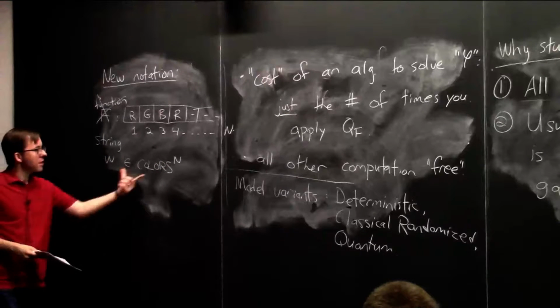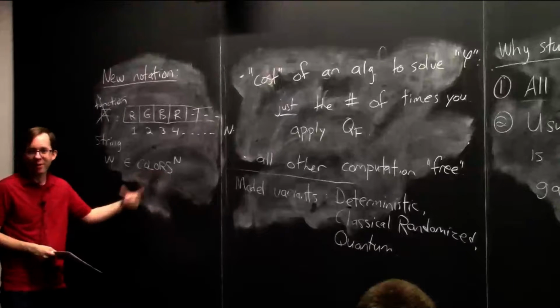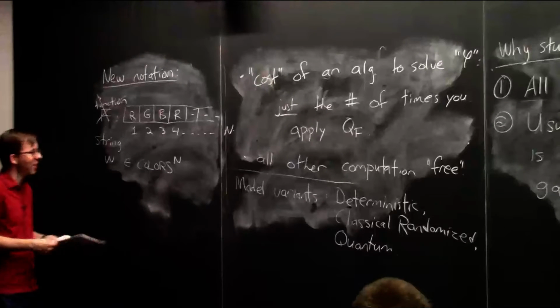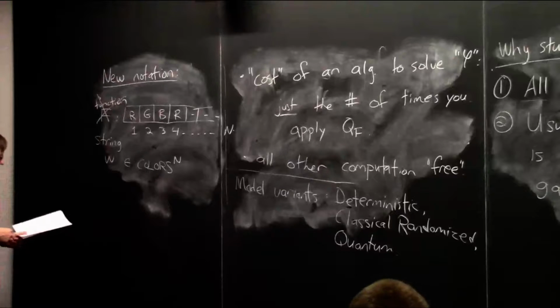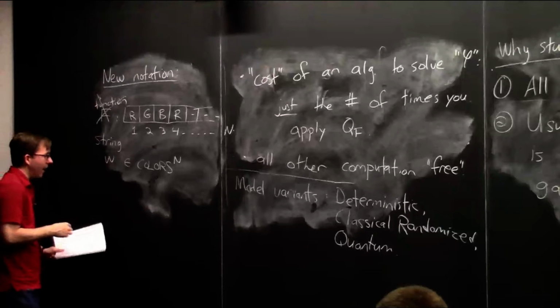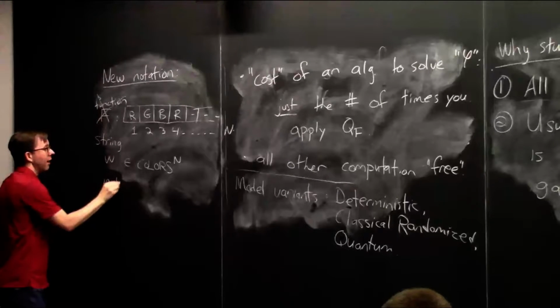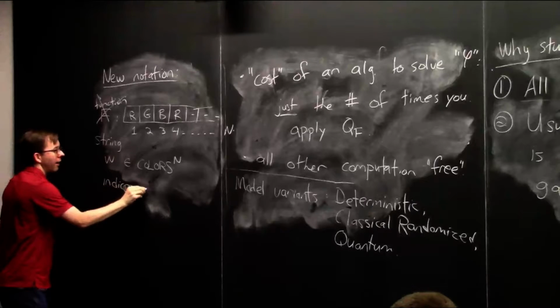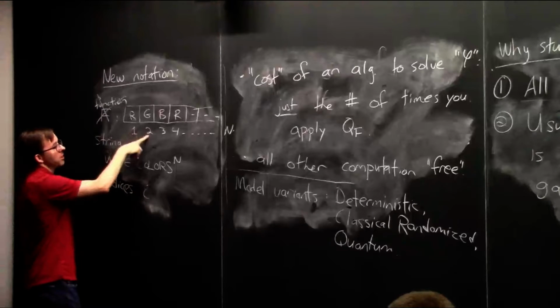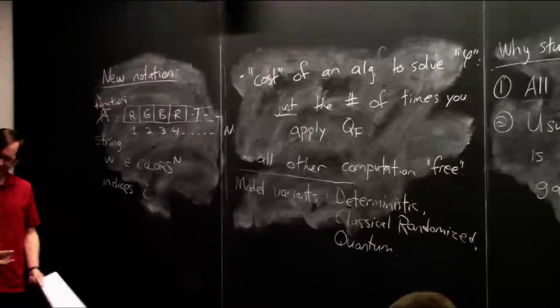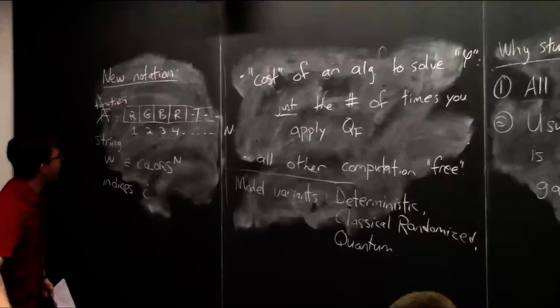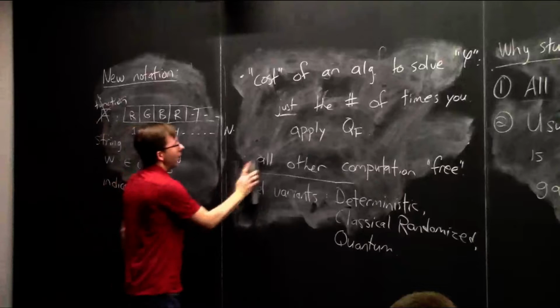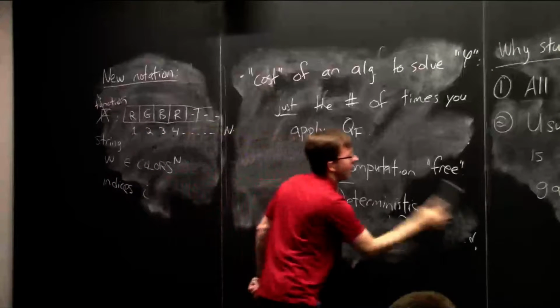Actually, people more often call this symbols or alphabet rather than colors, but I don't want to change everything on you, so I'll leave it as colors. And I'm also going to call the indices i. That's more natural. So i equals 1, 2, 3, 4 instead of x, because it's sort of weird. Hopefully you can get over that.